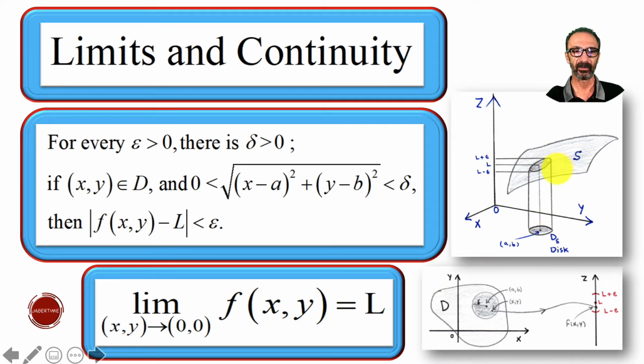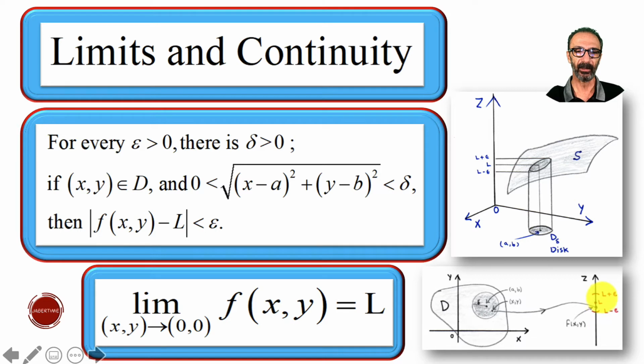These graphs show your domain and range. Your domain is on the XY plane, and your outputs are on the Z-axis.